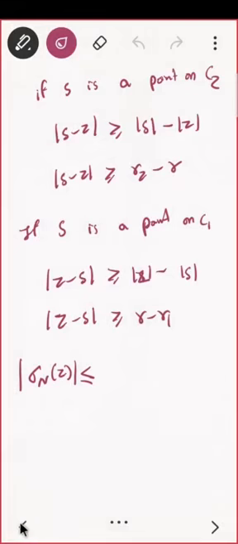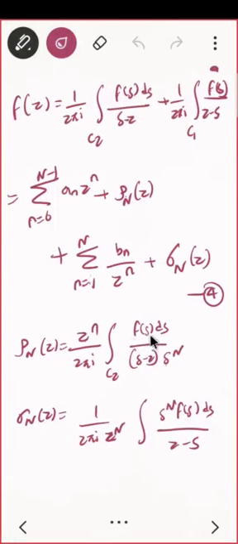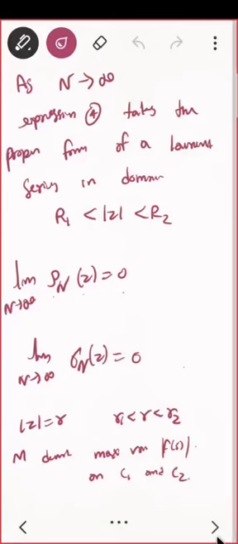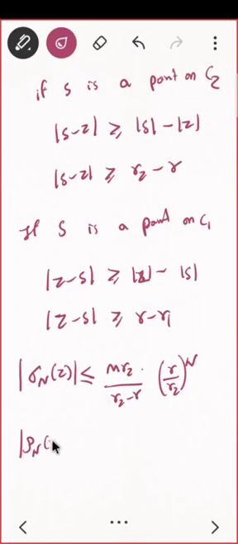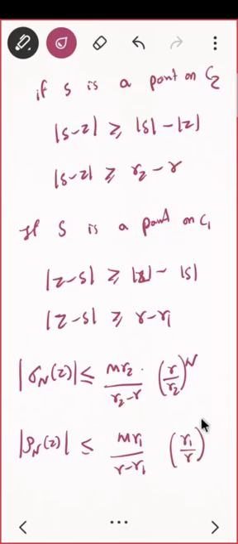2 pi will get cancelled, that is, the integral of this will give the perimeter, so 2 pi r2 will be there, and the radius will be there. So it will be m r2 upon r2 minus r into r upon r2 raised to n, and for rho n of z I will have less than or equal to m r1 upon r minus r1 into r1 upon r raised to n.